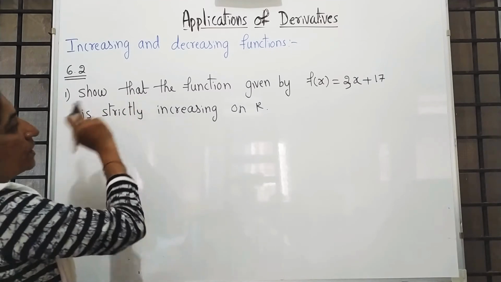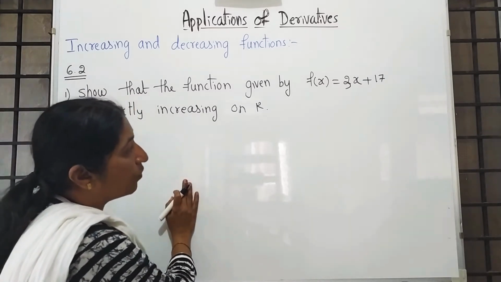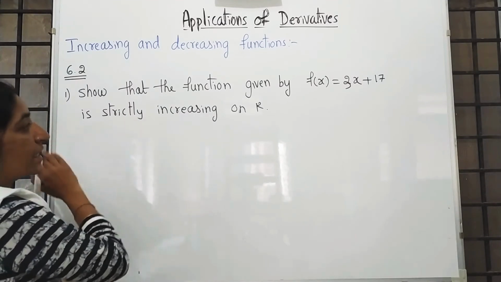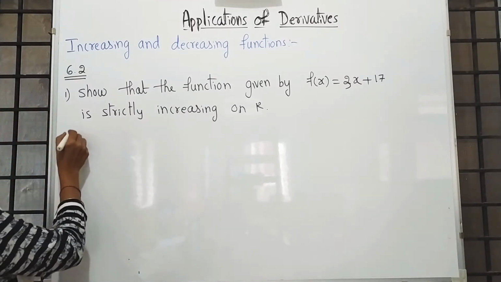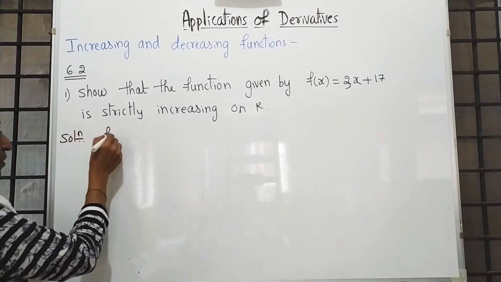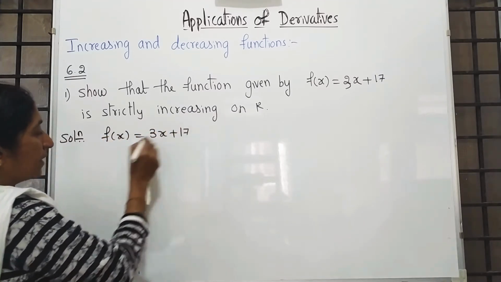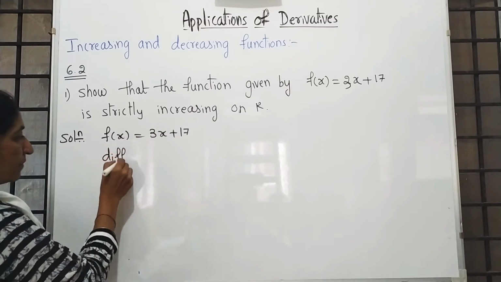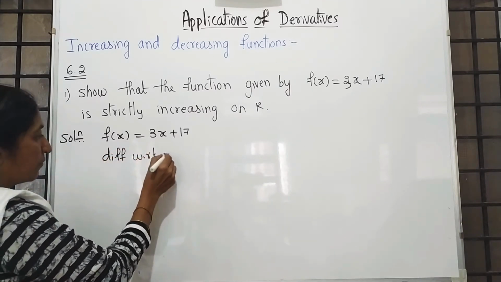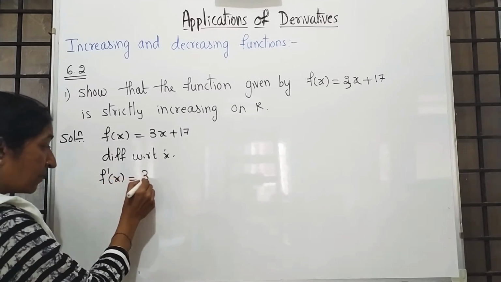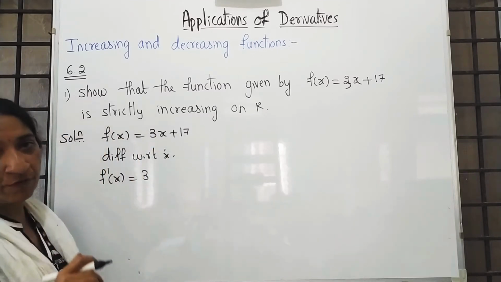First one, show that the function given by f of x is equal to 3x plus 17 is strictly increasing on R. That means what we have to do? First write down the function as it is. Now differentiating with respect to x, first derivative is 3, differentiation of 3x, already you are familiar.